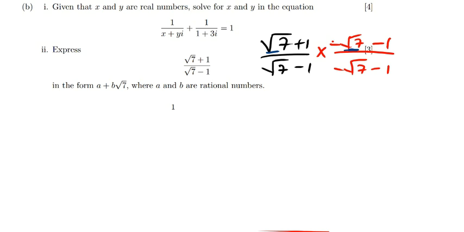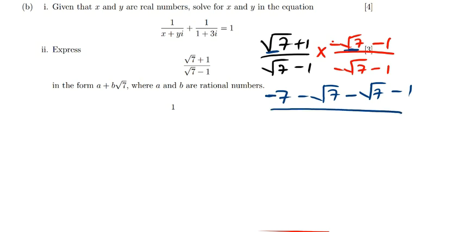So I'll have negative 7 here. Then the square root of 7 times negative 1, I'll end up having negative the square root of 7. 1 times the square root of 7, I'll have the square root of 7. 1 times negative 1 is negative 1.